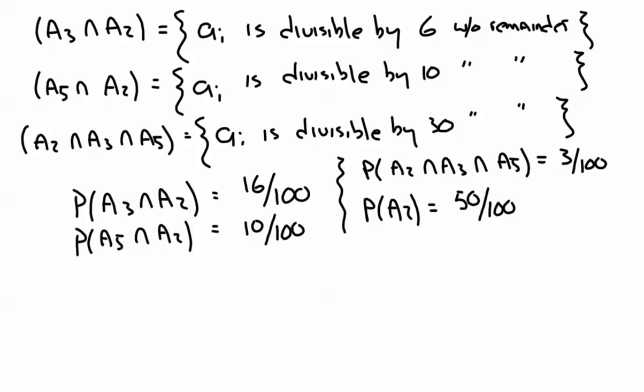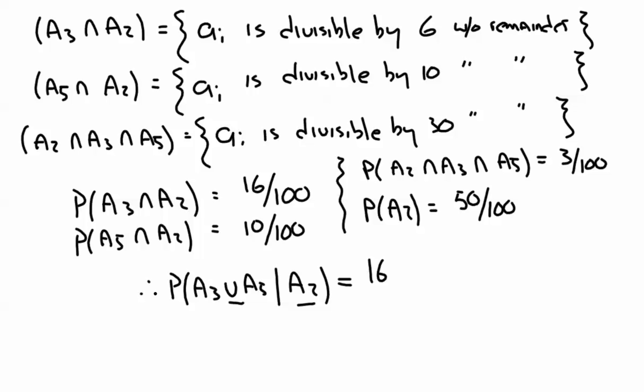All right. So, therefore, the probability of A3 union A5 given A2, if it's divisible by 2, it is also divisible by 3 or 5 at the same time.